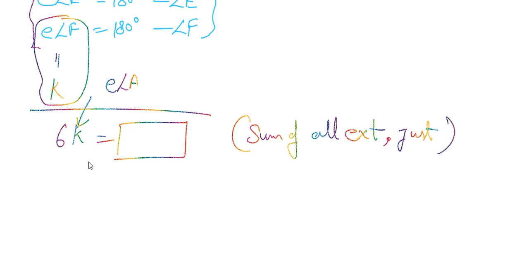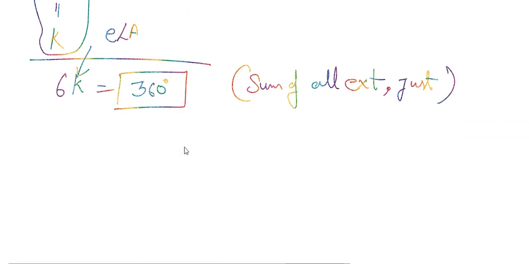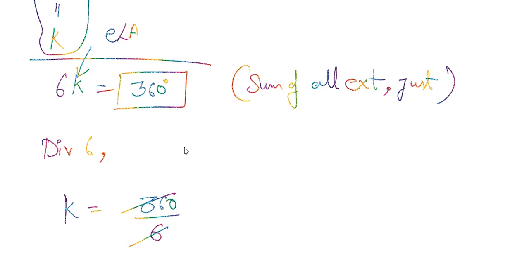The summation of all external angles for any polygon would give me how much measure? Can you tell me? 360, you are correct. So 6k equals 360. Dividing the equation by 6, k equals 360 divided by 6, which gives me 60 degrees.